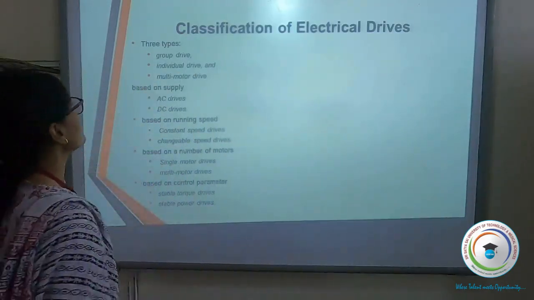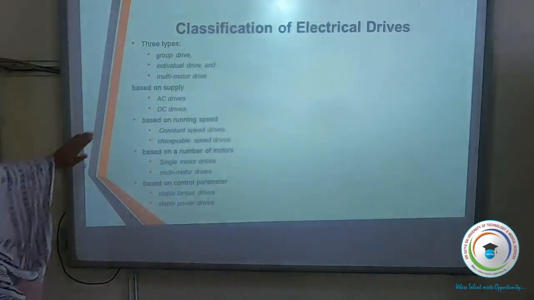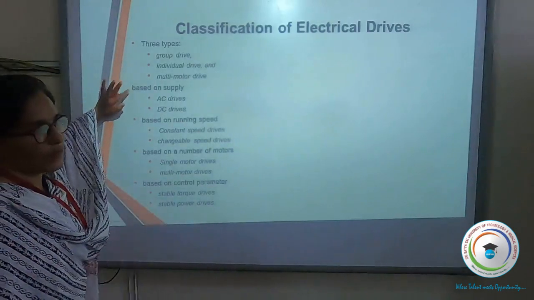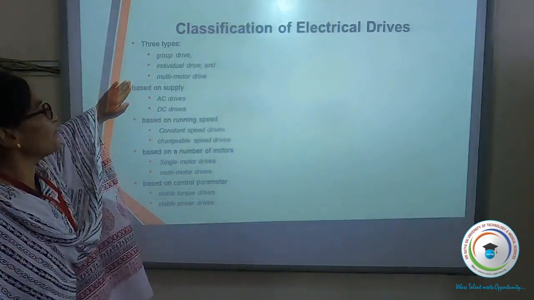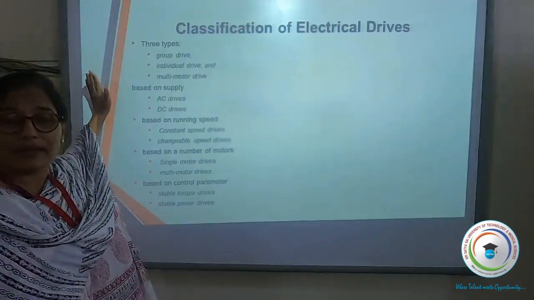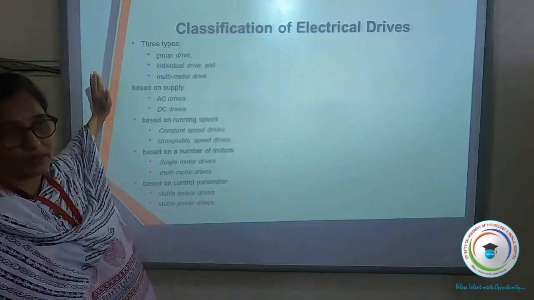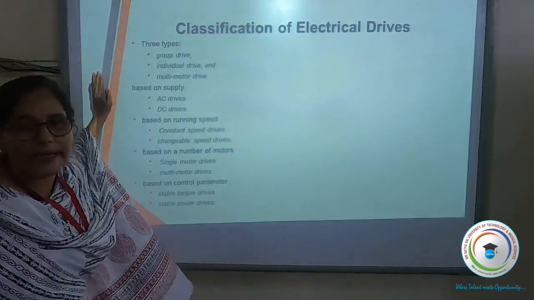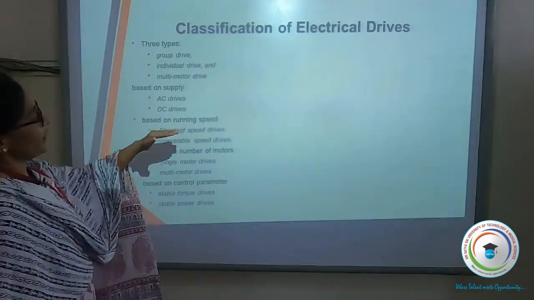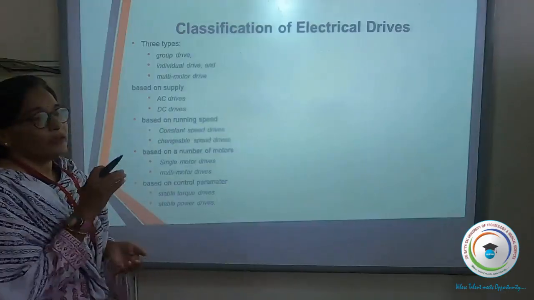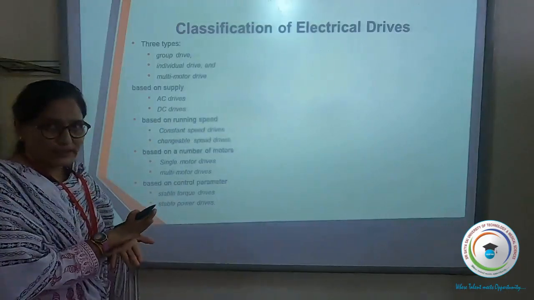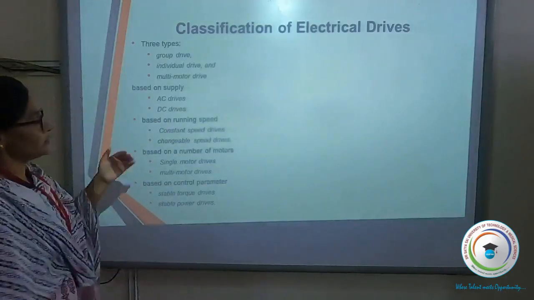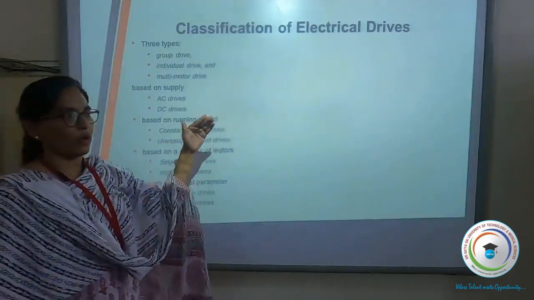Now classification based on supply. Supply means either the system can be an AC drive or a DC drive. Now based on running state, the system can be constant speed or changeable speed, or variable speed.